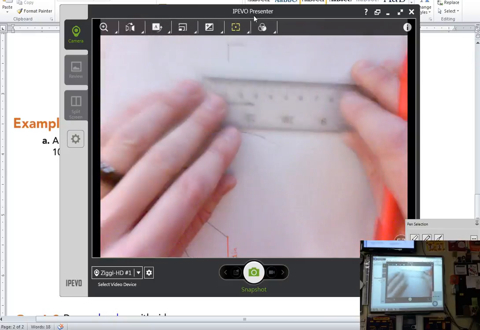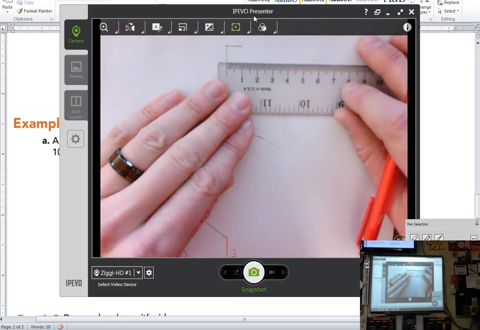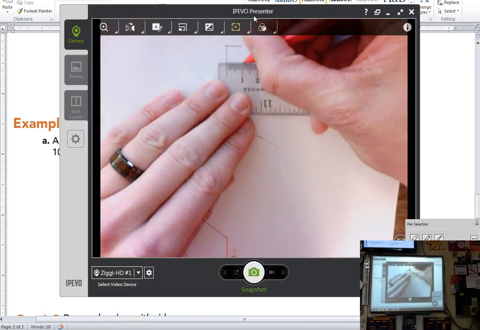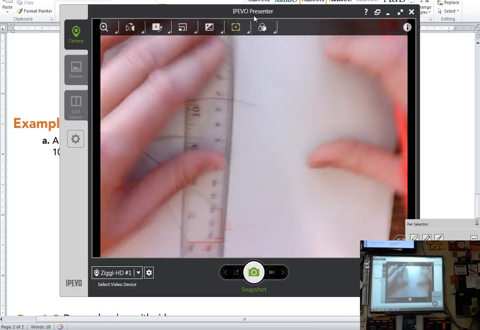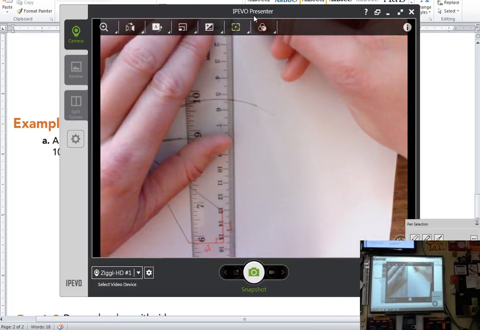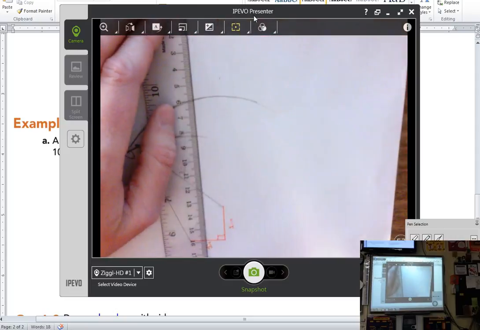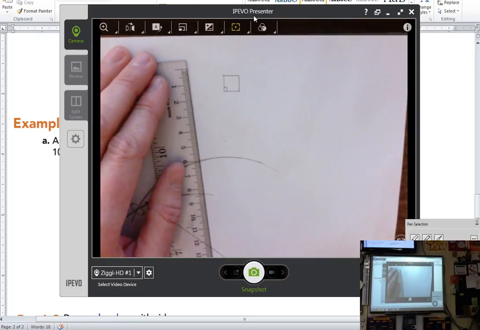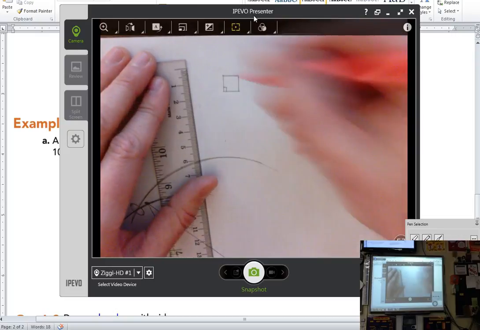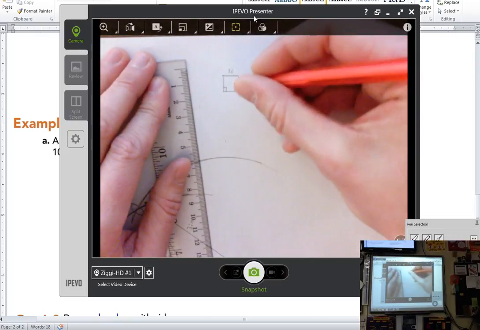Then depending on how good I am at drawing parallel lines, I can either line up another 90 degree or I can freehand it. And this should all line up. And there we go. Sorry, I thought I was kind of drawing off the page. And you would want to label that that's 10 and that's 10.